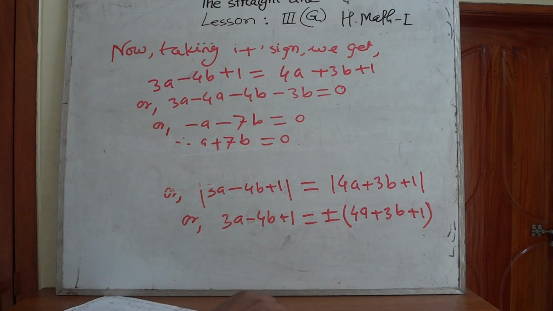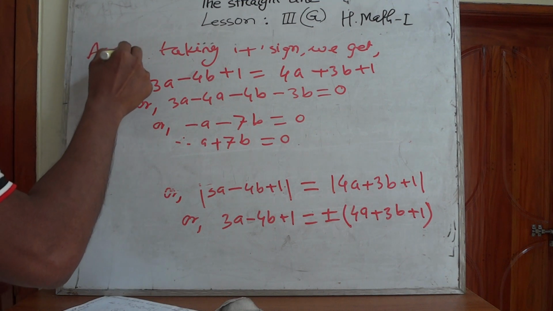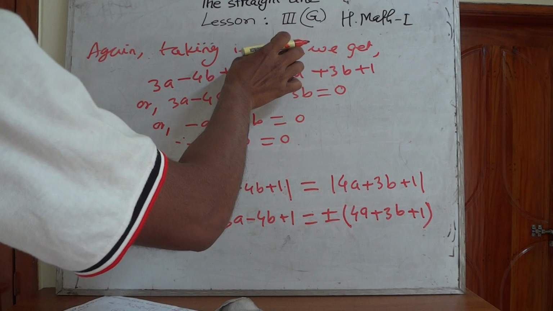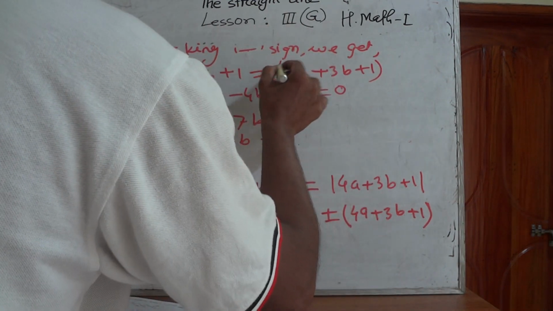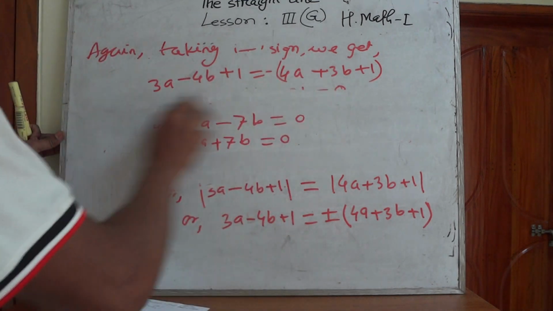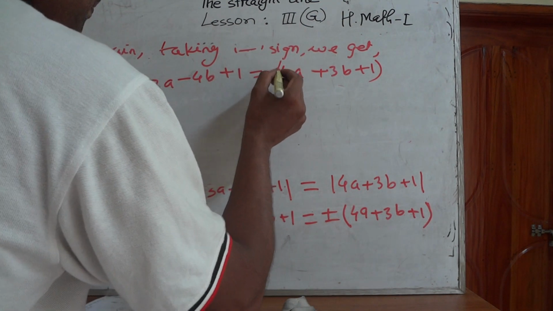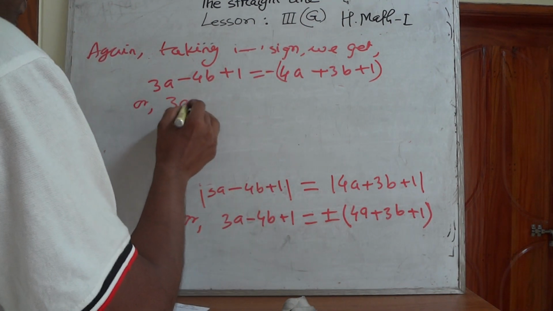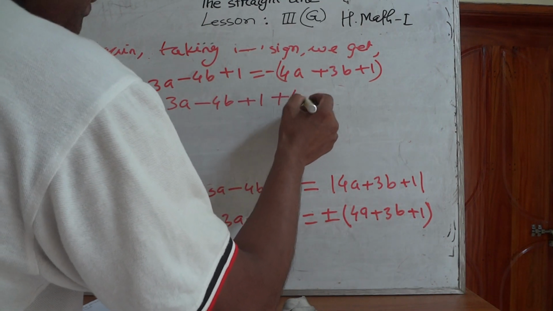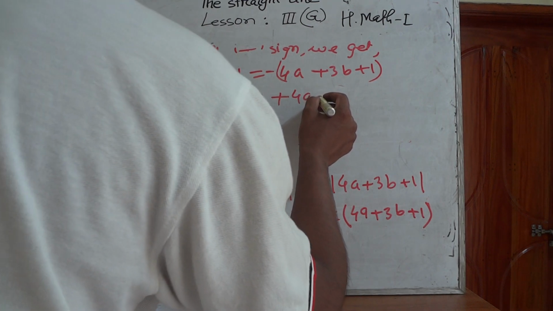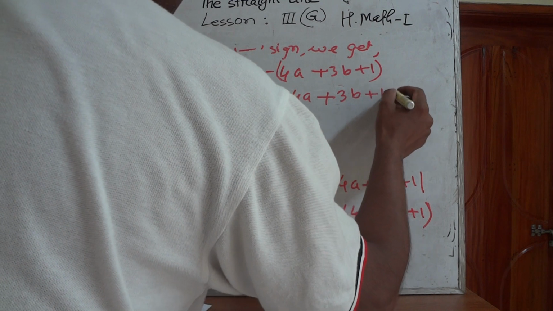Clear everyone? Again, taking the minus sign, we get 3a minus 4b plus 1 plus 4a plus 3b plus 1 equal to 0.